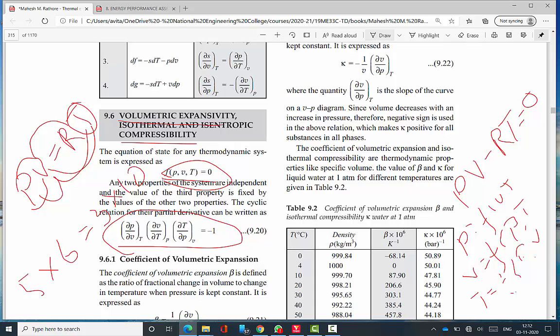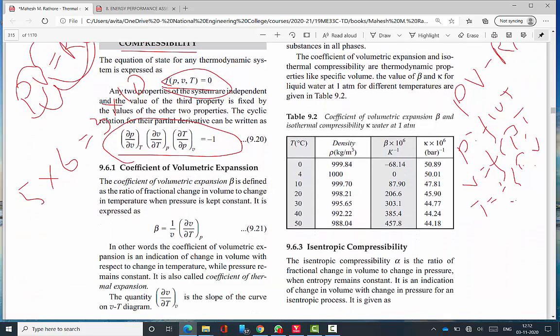Then another is the coefficient of volumetric expansion. The coefficient of volumetric expansion beta is defined as the ratio of fractional change in volume to change in temperature when pressure is kept constant. dou V by V is the fractional change in volume, that is, the change in volume divided by the original total volume.